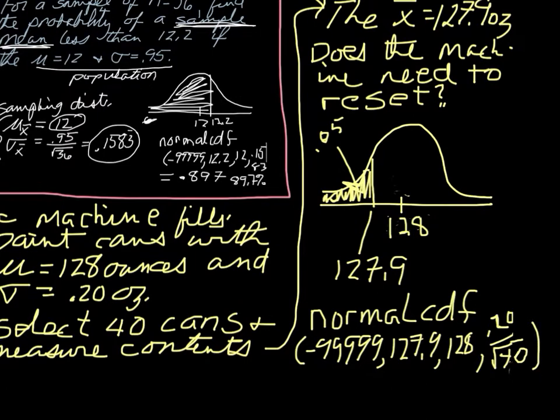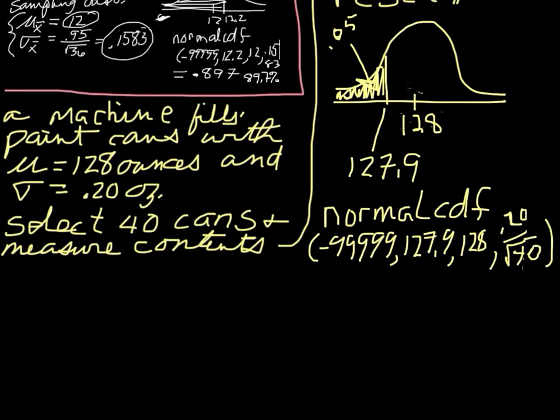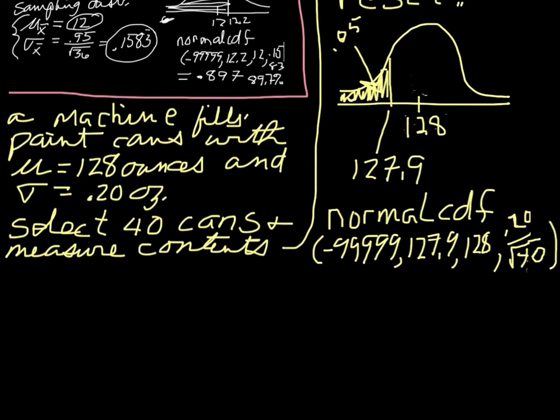And so we do that. Now, once we do that, what do we get? I'm going to do that on my calculator. So normal CDF. I could also use the table, but I'd have to change to standard normals, and it's a lot of hassle. So you want to work efficiently with the calculator while you're here at school. And so I would see that in this case, the area to the left is going to be very, very small.